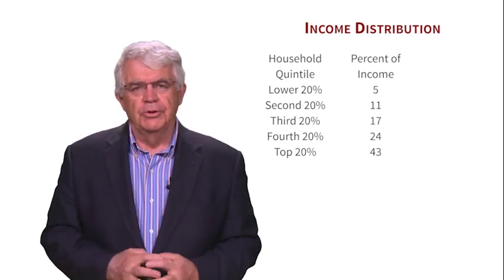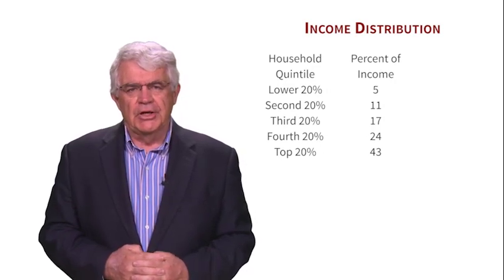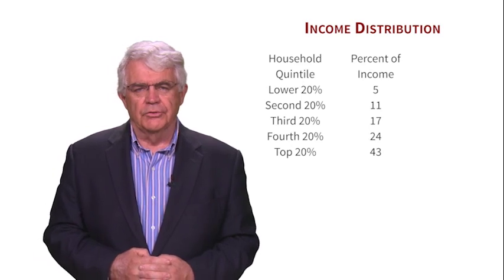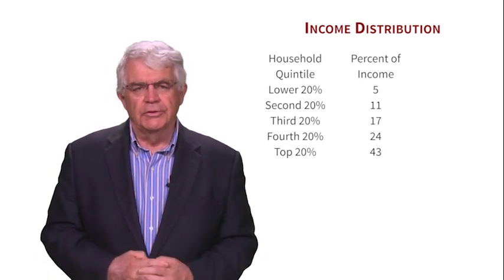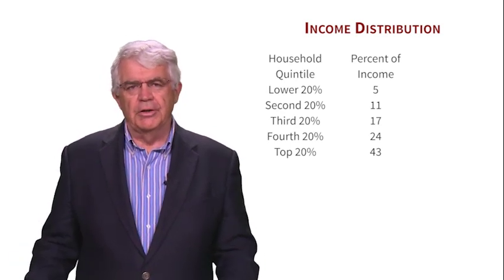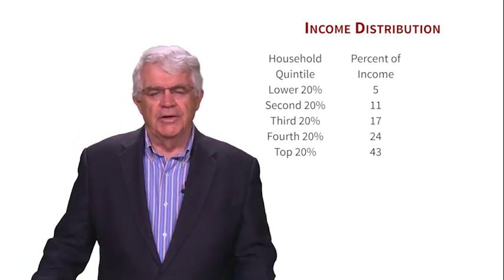So for example, 5% is the percent of income earned by the lower 20% of households. So add up all the amount of income earned by that lower 20%, divided by all the income earned by all the people in the economy, and you get 5%.